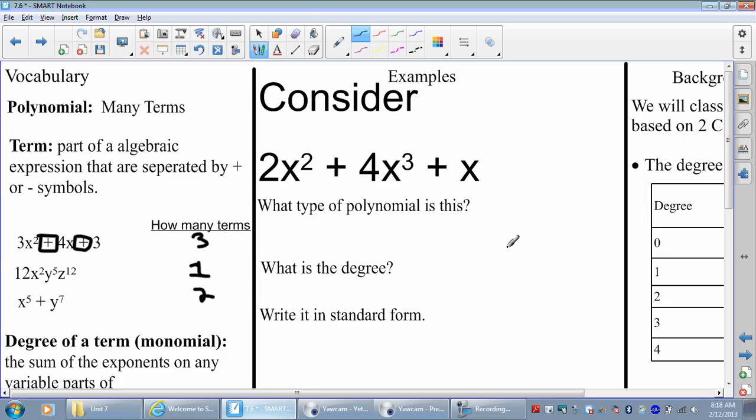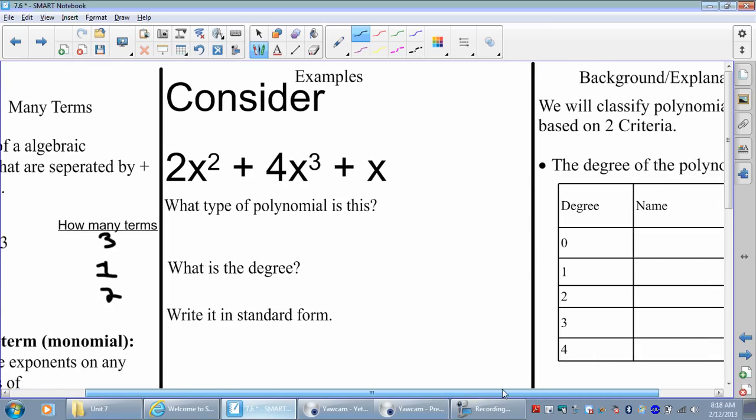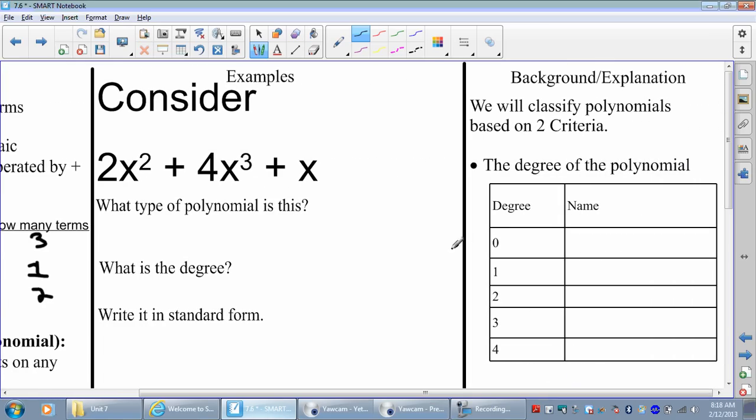Now, in terms of the classifications we're going to do, let's look over here in the background explanation area. We're going to classify polynomials based on 2 criteria. So there's going to be 2 parts to our name when we name a polynomial.